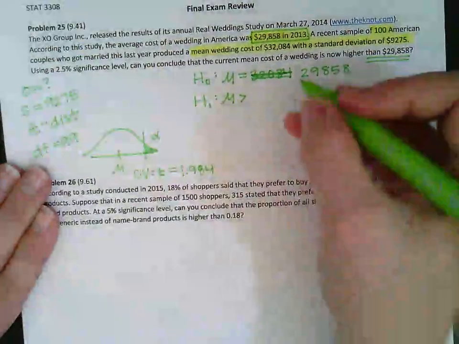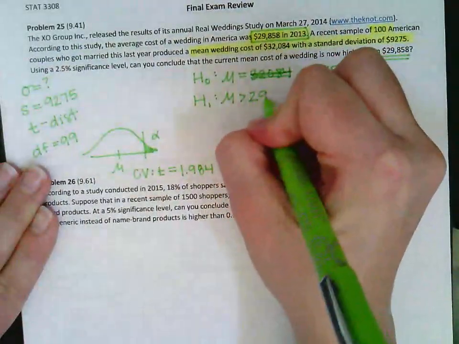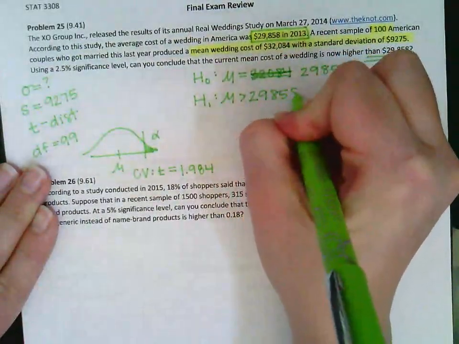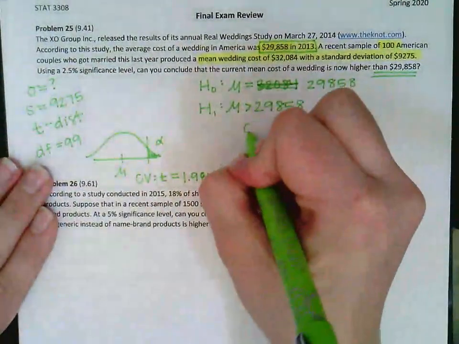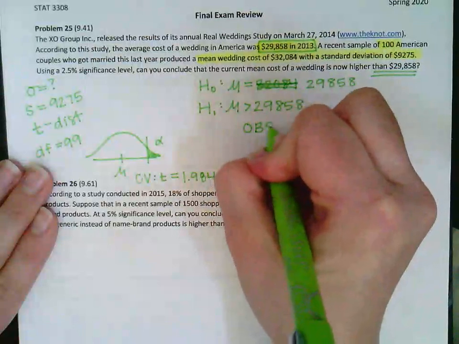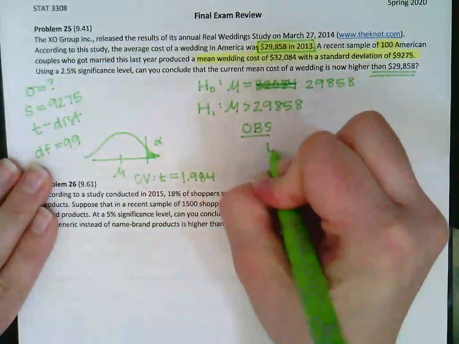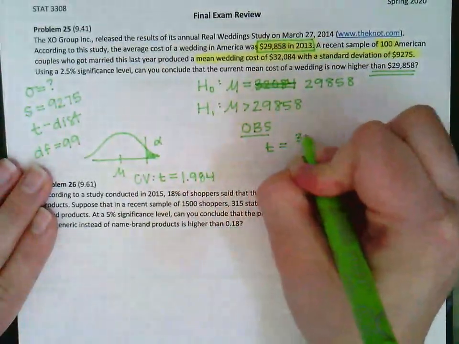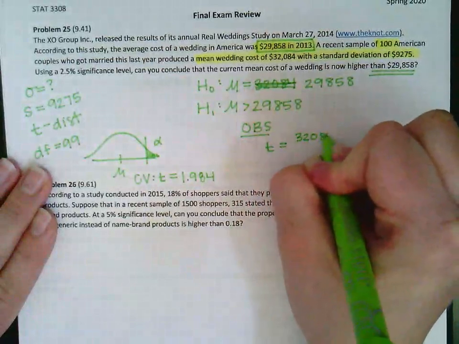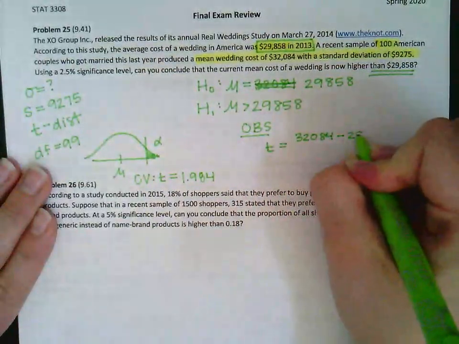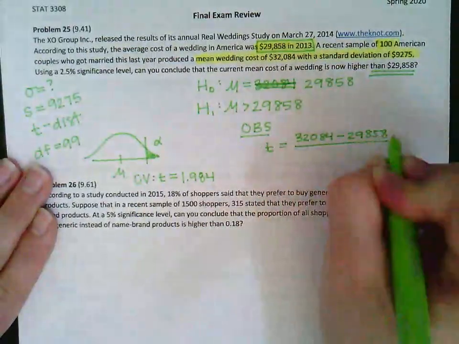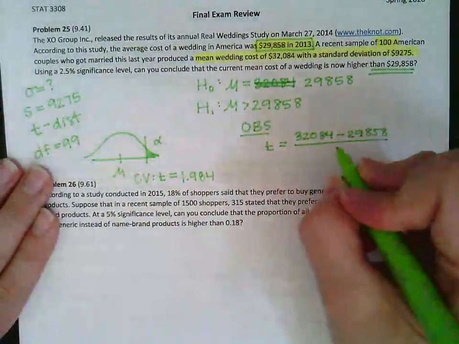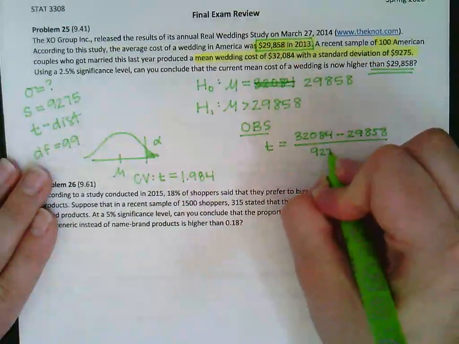Okay, I want to know, are weddings actually costing more than they did in 2013, right? All right, so let's find this observed t-value. The observed value would be t equals 32,084 minus the mean, all over... And then again, for our standard deviation, we have to think about this as a sampling distribution.